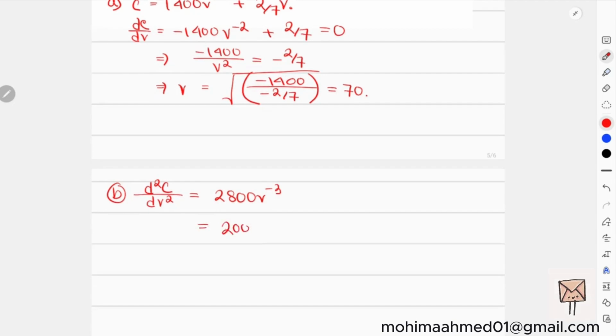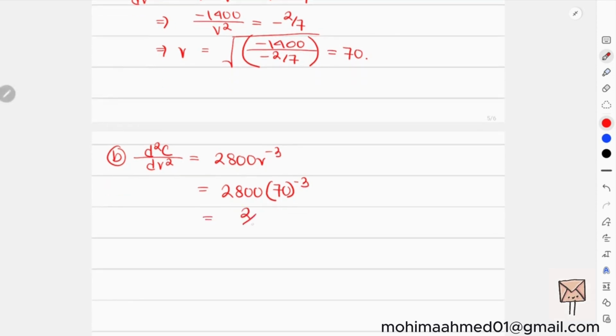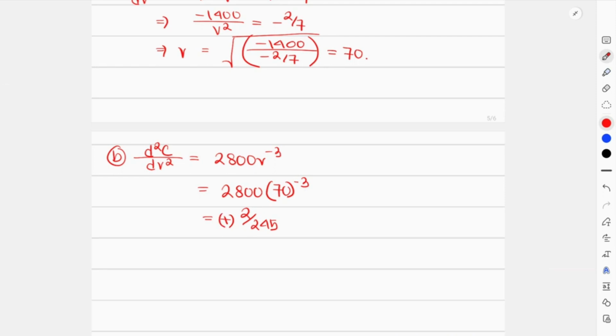So that's 2800 times 70 to the power of negative 3, which is 2 over 245. That is a positive value. Whenever your double differentiation comes out positive, this means the point you have substituted must be a minimum point.